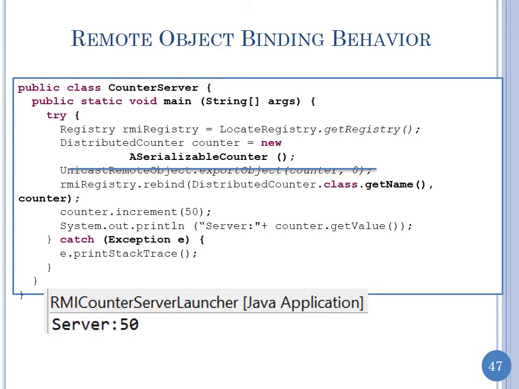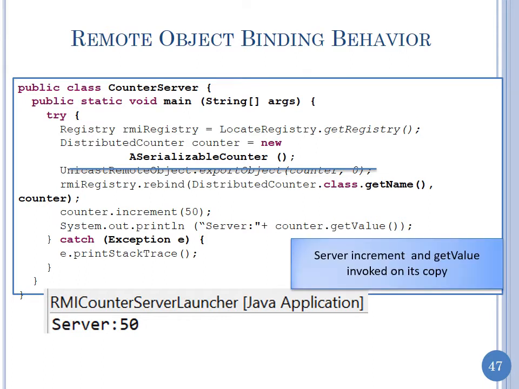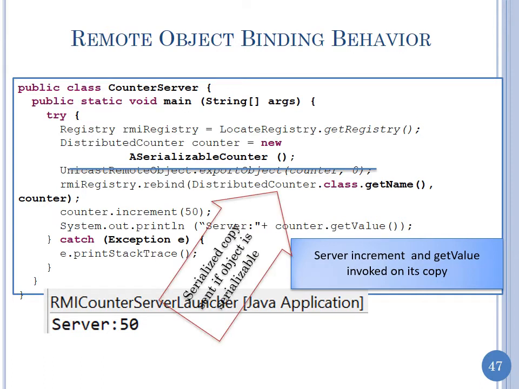The server will print 50, like I said. We did not export the original object, we exported a copy. After we exported the copy, we did an increment of 50. So the server's increment and get value were invoked on the copy. There's no proxy there.